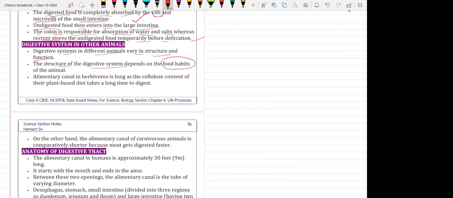So on the basis of food habit, we have different types of digestive systems. The alimentary canal in herbivores is long, because the cellulose content of their plant-based diet takes a long time to digest. On the other hand, the alimentary canal of carnivorous animals is comparatively shorter because meat gets digested faster compared to cellulose.